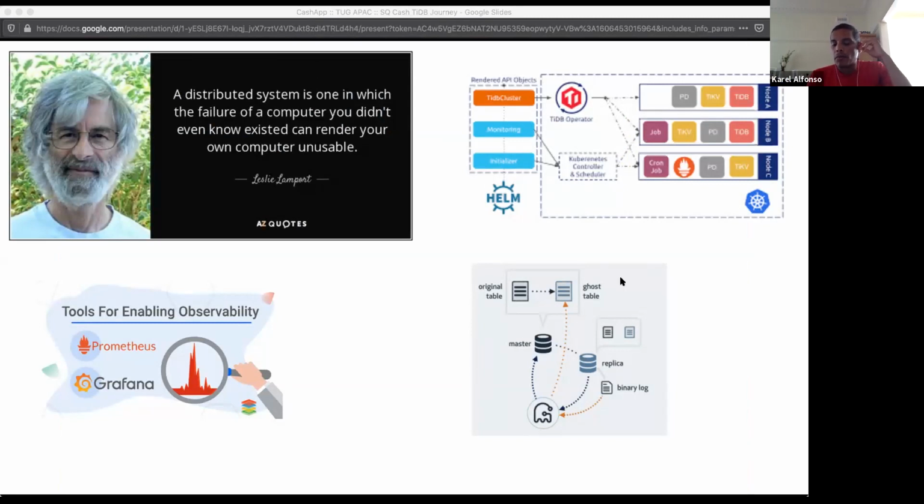I just wanted to give you, from an engineering point of view, my personal view on TiDB. For us, the journey is like you would expect. It's a fully distributed system. I like to sometimes show this quote from Leslie Lamport, who is a renowned academic in the distributed system community, where he says a distributed system is one in which a computer that you didn't know existed can render your computer or your whole system unusable upon failure, and it could be a computer or a process.